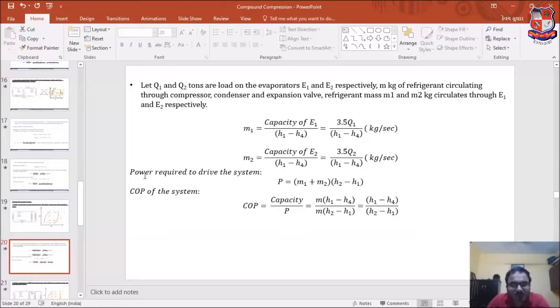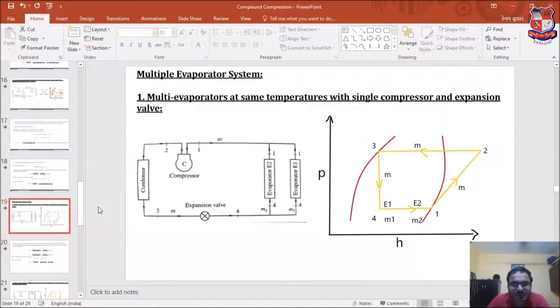Now the power required to drive the system is given by P is equal to (M1 plus M2) into (H2 minus H1). So here this compressor is having total mass of M1 plus M2 as M is equal to M1 plus M2. So power required to drive this compressor is (M1 plus M2) into (H2 minus H1).